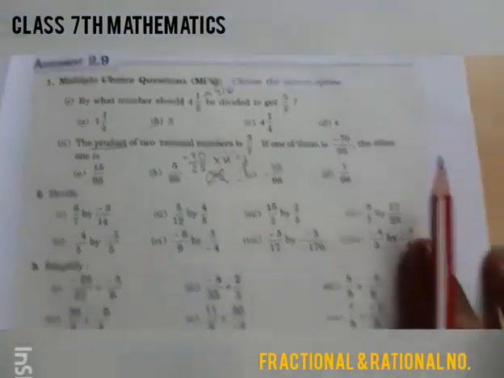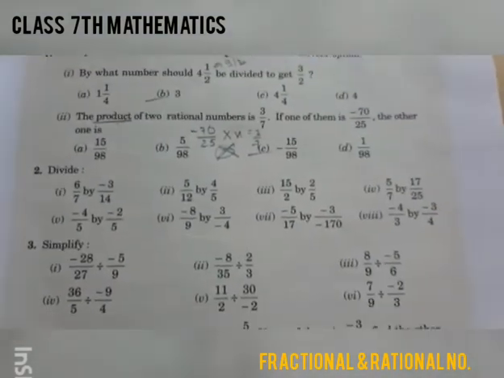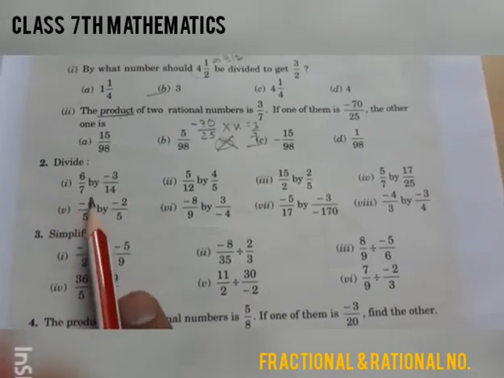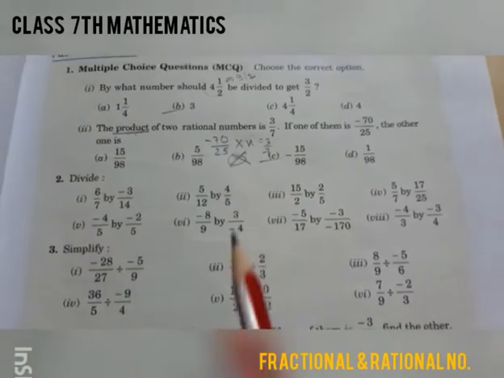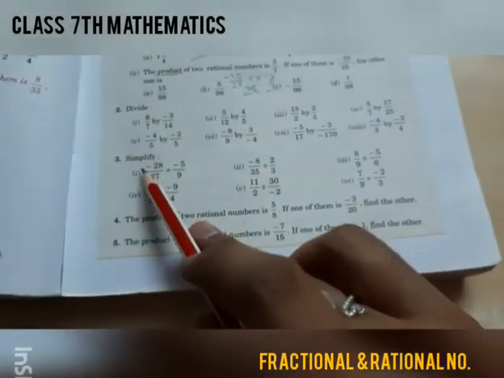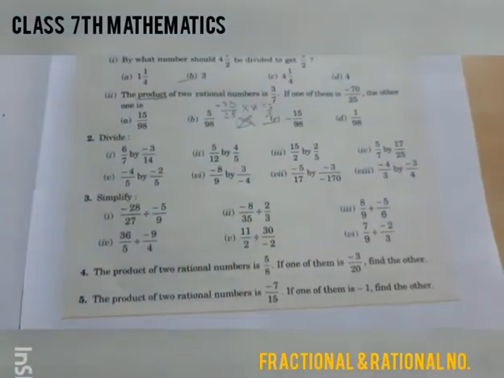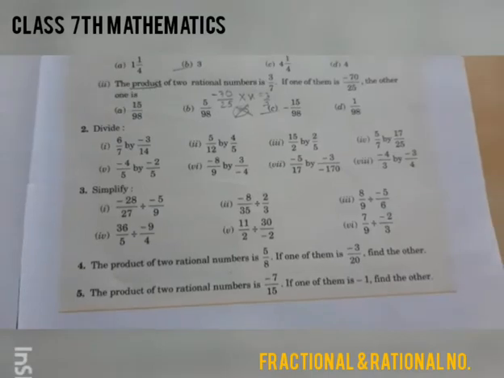Okay, now come to question number 2. Division. 6 upon 7 by minus 3 upon 14. Now see class, this question number 2, question number 3, 4, 5, all these are based simply on a single concept.